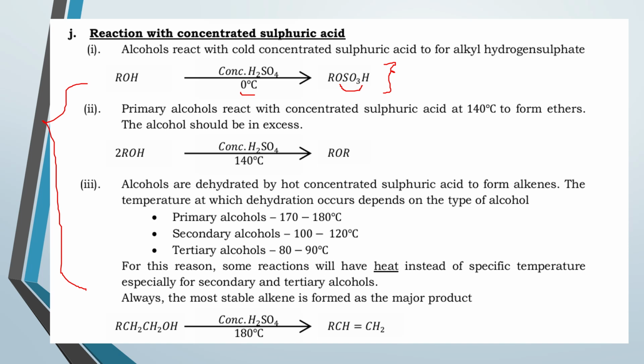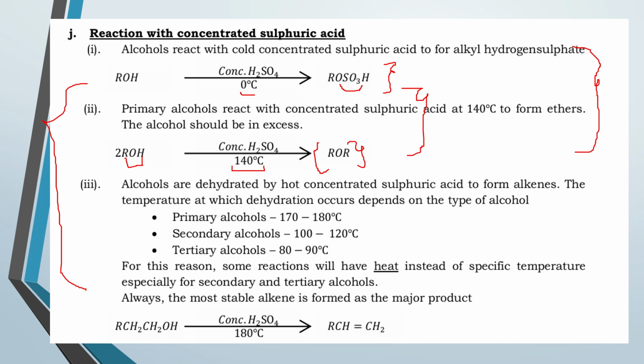We also looked at primary alcohols reacting at 140 degrees Celsius, and for this we say that you are going to be forming ethers. So what happens is that the R group doubles itself by removing the hydrogen atom, and then we form a product of this format. Like I said, we already showed this one in detail in the alcohols video in this organic playlist. So make sure that you look that up, because it's a very common question to be asked.